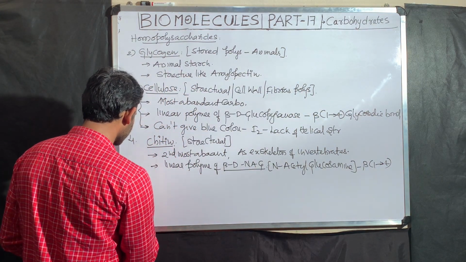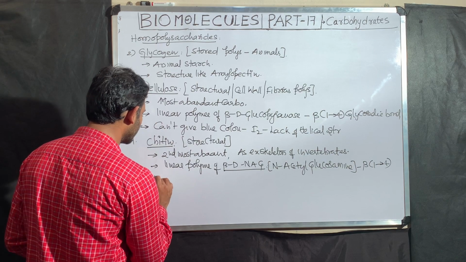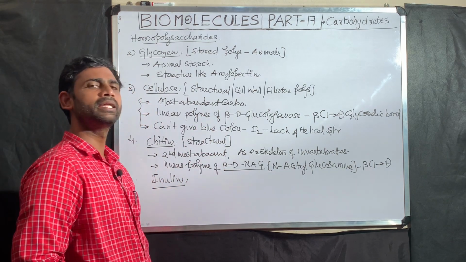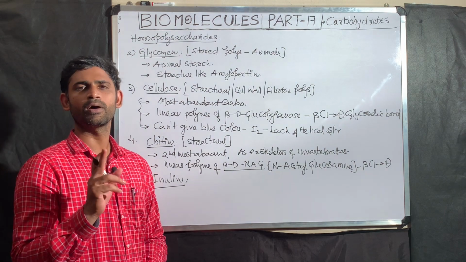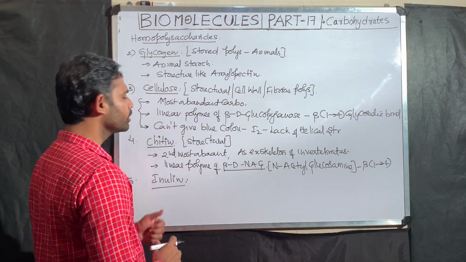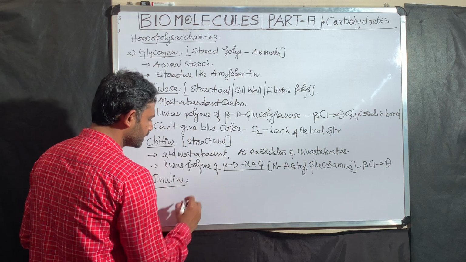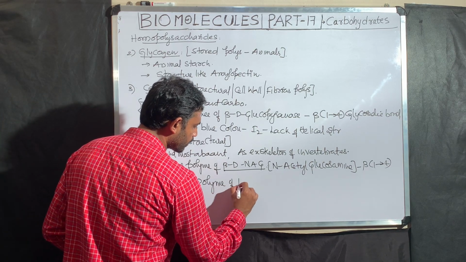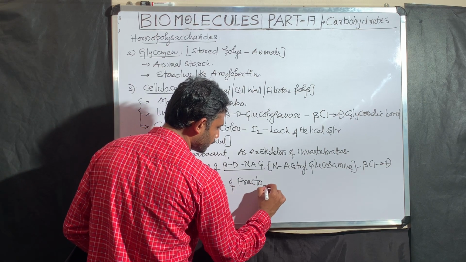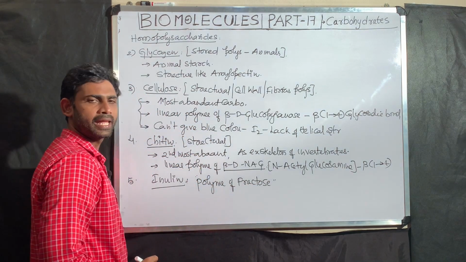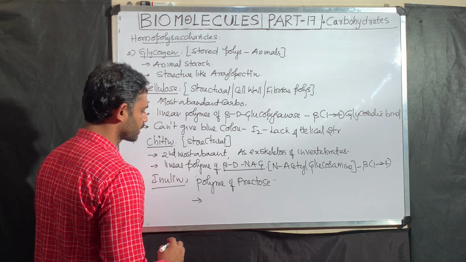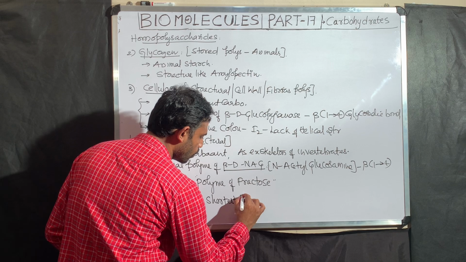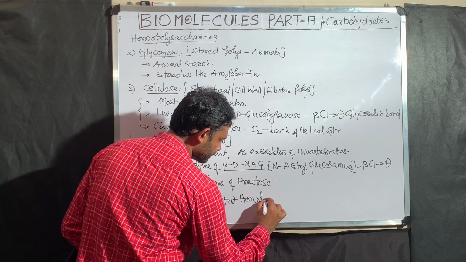Next, the last homopolysaccharide is inulin. Don't confuse it with insulin. Inulin is a polysaccharide, insulin is a polypeptide. This inulin is a polymer of fructose. This point is important for the exam. The next important point is that this is the shortest homopolysaccharide.